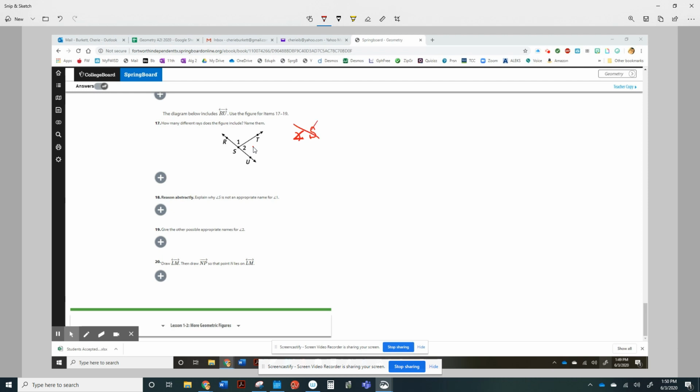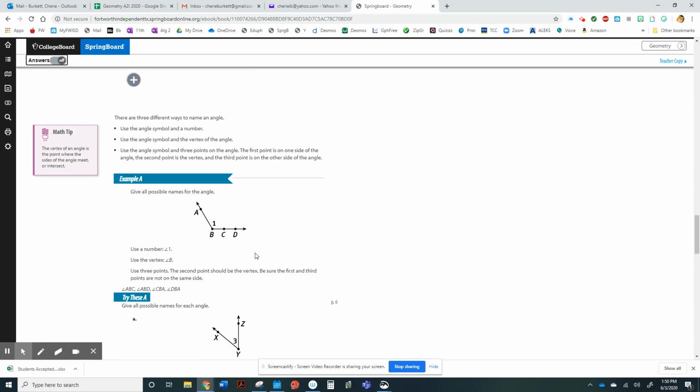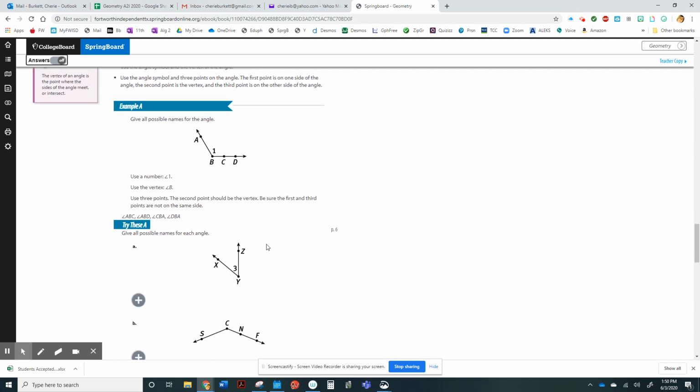So angle S is not allowed because there's more than one angle. This angle right here has a vertex at S, and this angle right here also has a vertex at S. So in your book, I believe it said that you can only call this by its vertex if there's only one angle at that vertex.